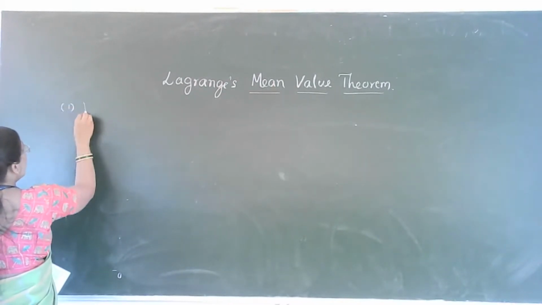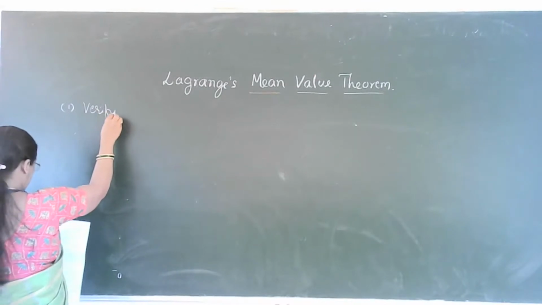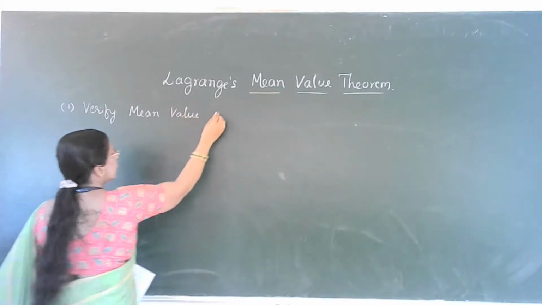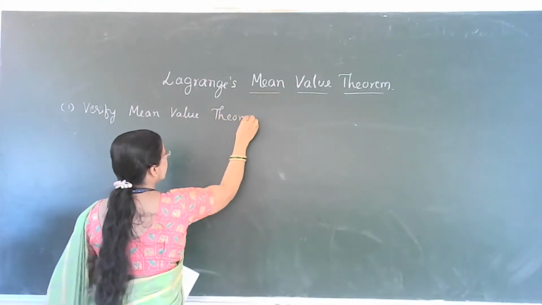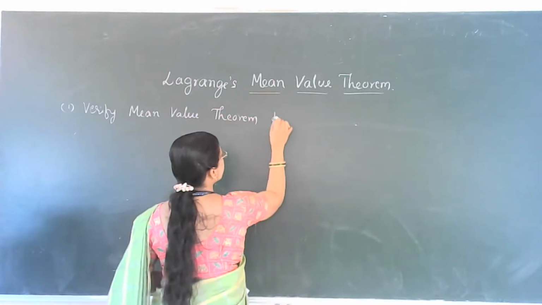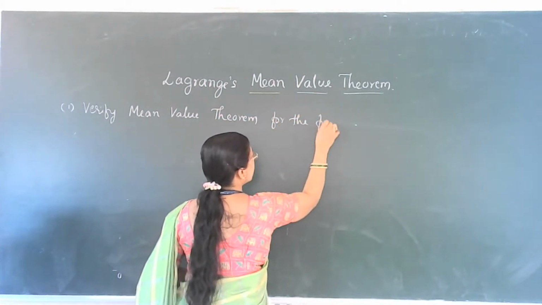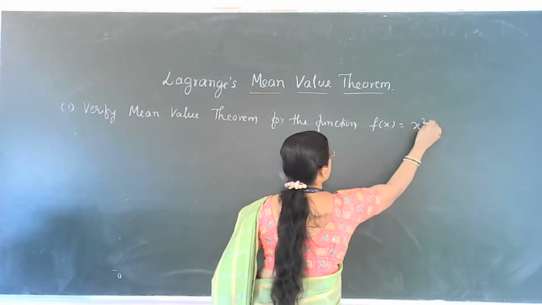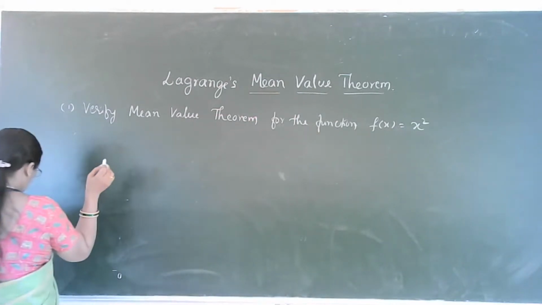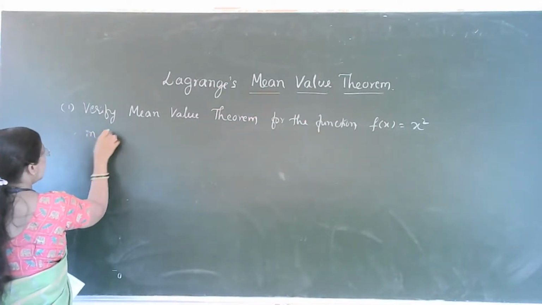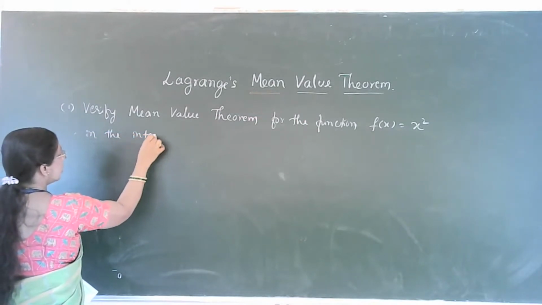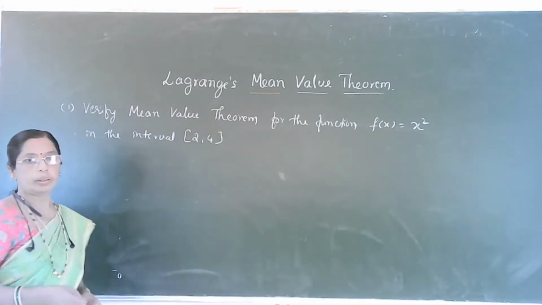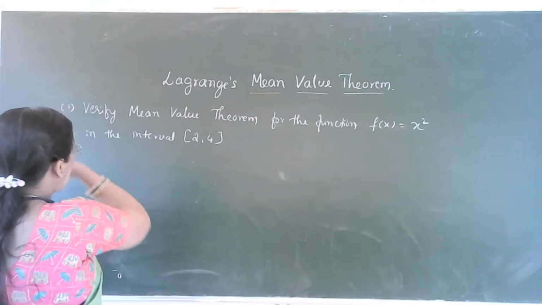First one: verify the mean value theorem for the function f of x equal to x square in the closed interval 2 to 4.